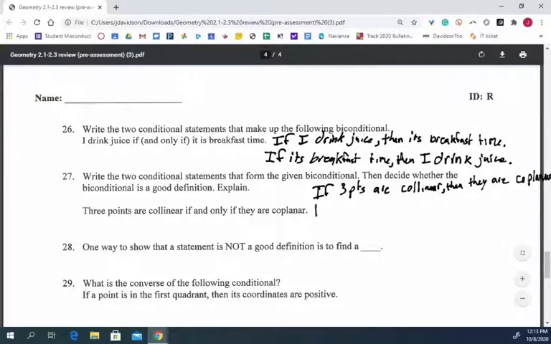And then also, you have to write the other way around. If it's coplanar, then it has 3 points that are collinear.